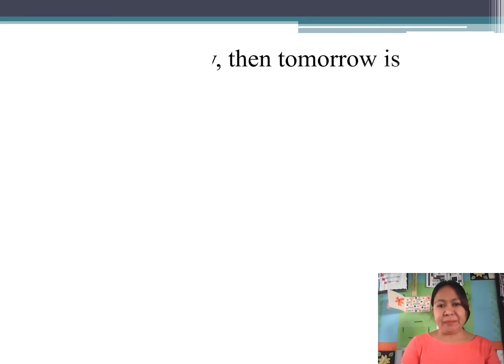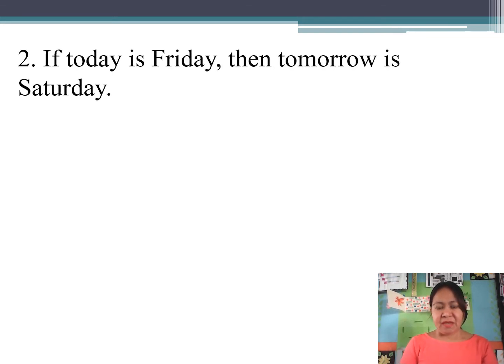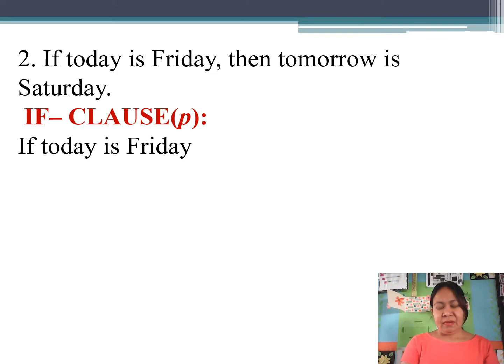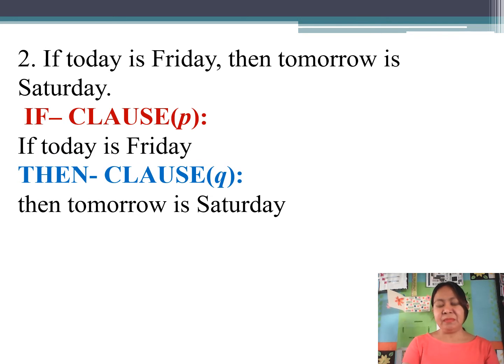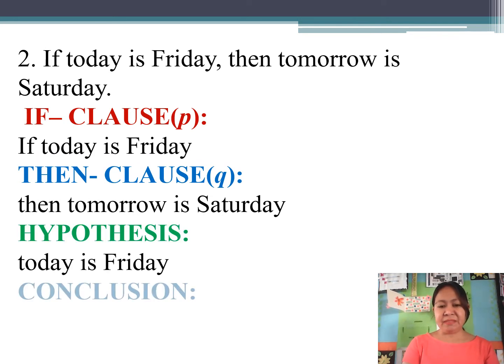Another example: if today is Friday, then tomorrow is Saturday. Our if clause, or P: if today is Friday. The then clause, or Q: then tomorrow is Saturday. Hypothesis: today is Friday, and the conclusion: tomorrow is Saturday.